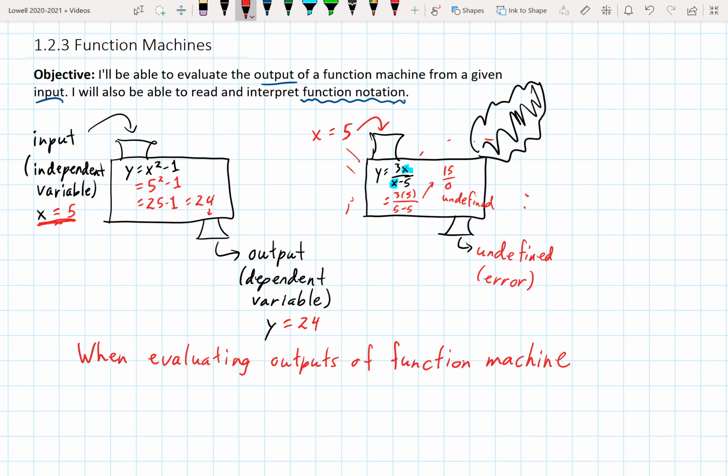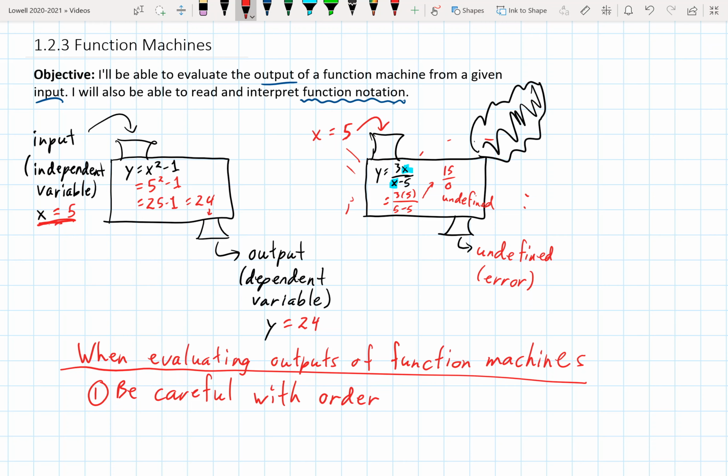Function has a very specific meaning in math, and we're going to get to this in a future video. So right now, just kind of roll with me. When evaluating outputs of function machines, one, be very, very careful with your order of operations.